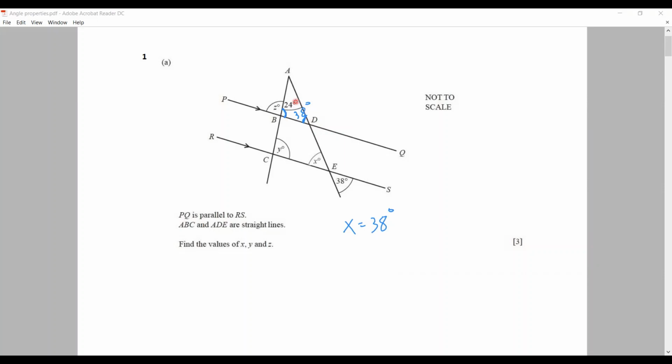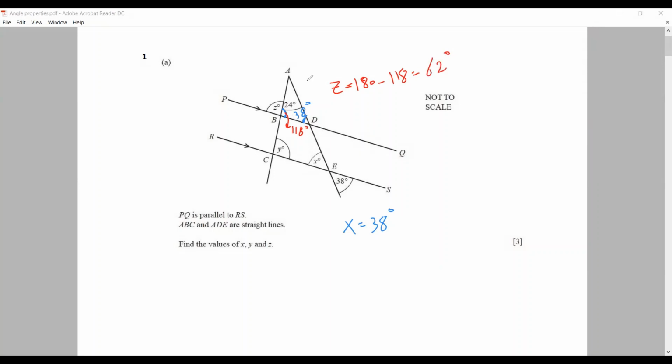You subtract 38 and 24 from 180, and that gives you 118. So this is 118. Maybe I write that down here. And Z can be found simply by subtracting 118 from 180. So that would be 62 degrees, right?